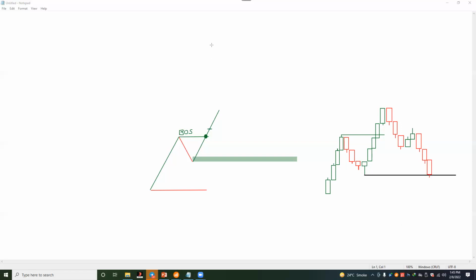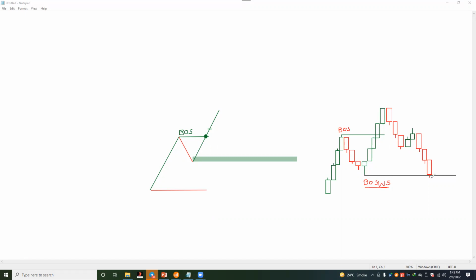So this support, I can call the break of structure wave support. This is the wave which confirms the break of structure for me, and the lower wick of the break of structure is my break of structure wave support.